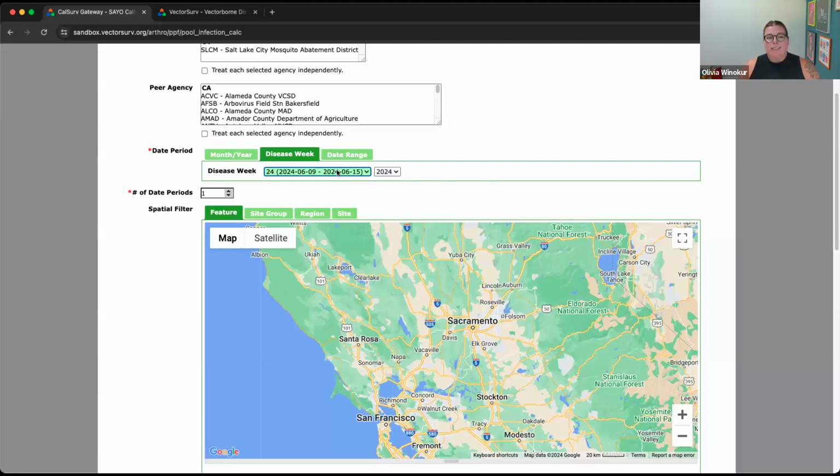Now, if I was interested in the couple weeks prior, that's what this number of date periods means. If I have it at 1, it's just going to calculate for that 1 week. When you increase this, it's basically going to go back in time for the same time intervals. I know that's a little confusing, but say I click 4 date periods, it's going to give me 4 weeks. So it's going to give me disease week 24 as well as 23, 22, and 21.